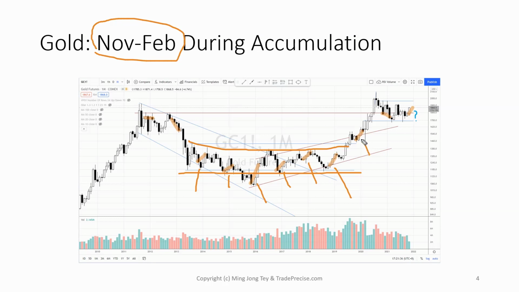From this uptrend it's positive, and right after this, the current trading range is showing one negative, and this one is currently unfolding at the moment because it's November. So far we have an up bar, so it's still unfolding. I'm not sure what it will turn out to be. It could become positive or it could be negative. But it's a bullish sign because it's an up bar at the moment.